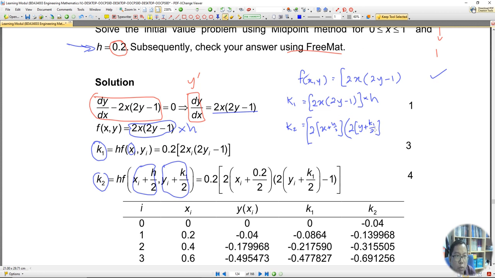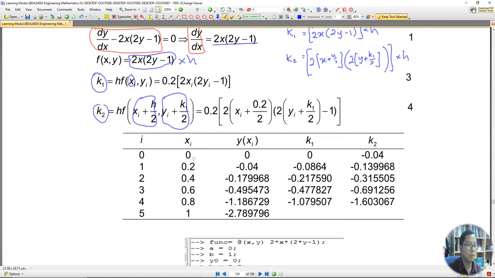Any y you have to plus k1 over 2, any x you have to plus h over 2, and then multiply by h. That's it for k2.